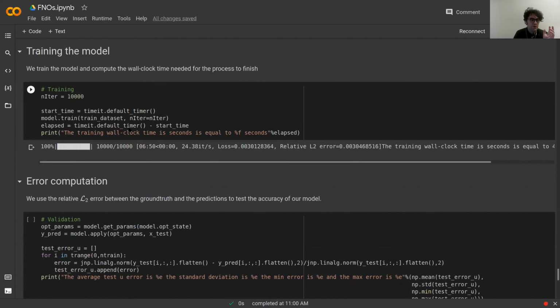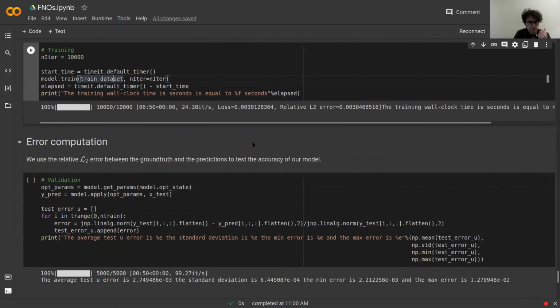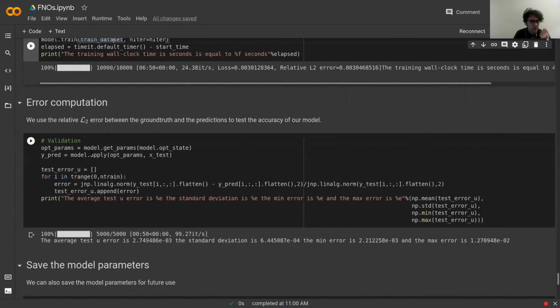If you see, this trains in 6 or 7 minutes, something like that, which is more than the DeepONet that trains in 1 minute, but it has some increased accuracy. It's like 0.3% or something, right? And then what we do is fetch the parameters, and we do a one-shot prediction for all realizations at the whole resolution, right?